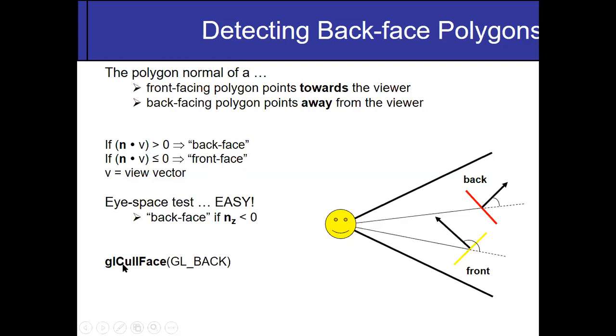In OpenGL, we call this cull face. Cull means eliminate. Here, we are eliminating the back face. In OpenGL, you can just specify glCullFace. Now, which face you don't want to see? GL_BACK means the back face will be eliminated.